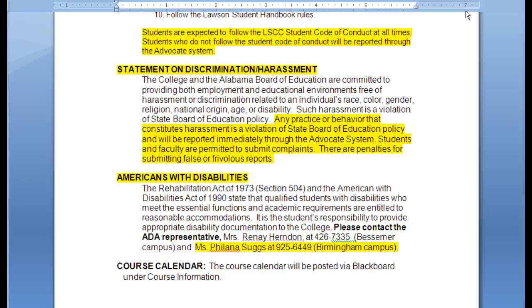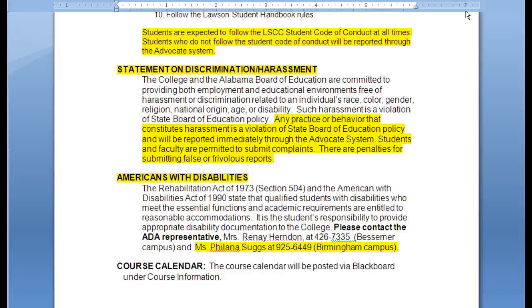Americans with disabilities have the right to accommodations to help them get their work done in the best way that they can. In order to have the accommodations you are due as an ADA student, you need to please contact Ms. Falana Suggs or Ms. Herndon if you're on the Bessemer campus, and make sure that you have an accommodations letter. This letter needs to be presented to each teacher each semester.